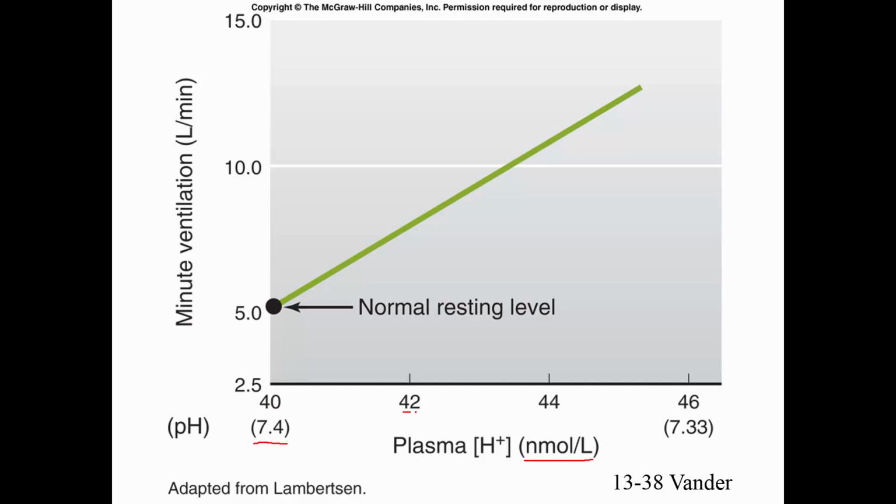We go up to 42, 44 nanomoles per liter, and now you see a similar relationship between pH and ventilation as between CO2 and ventilation. As hydrogen ion concentration goes up, we drive ventilation. As hydrogen ion concentration goes down, we are going to inhibit ventilation.